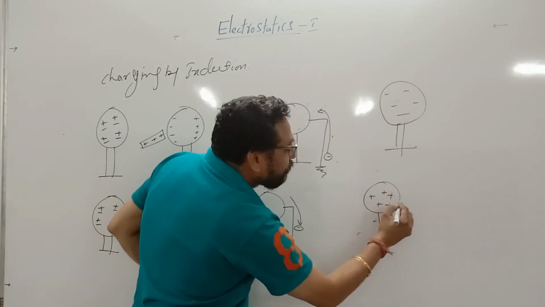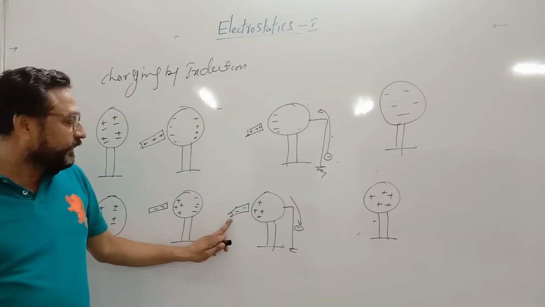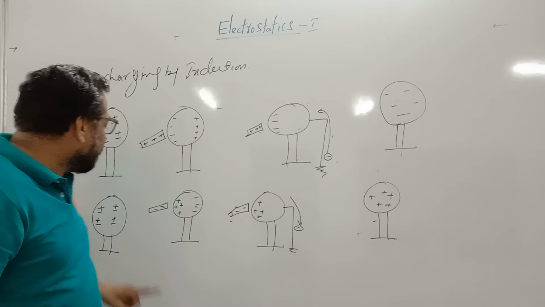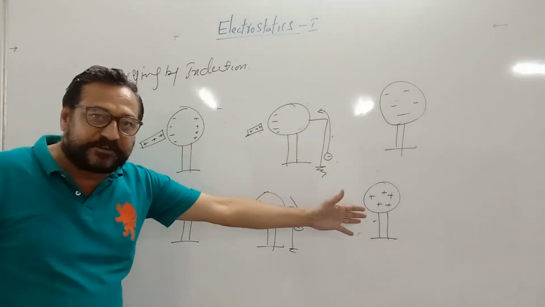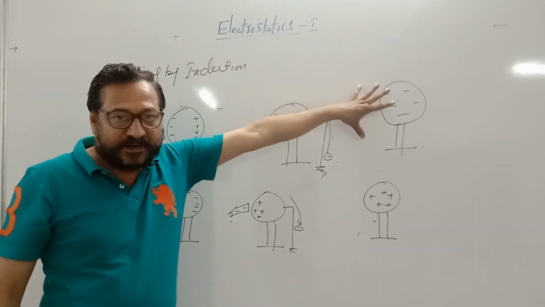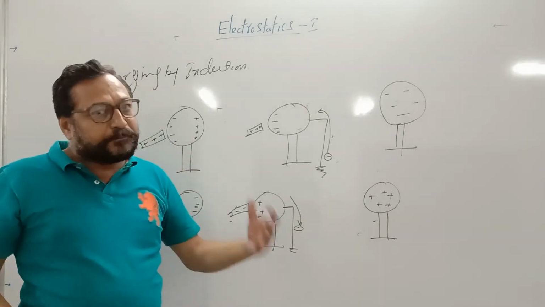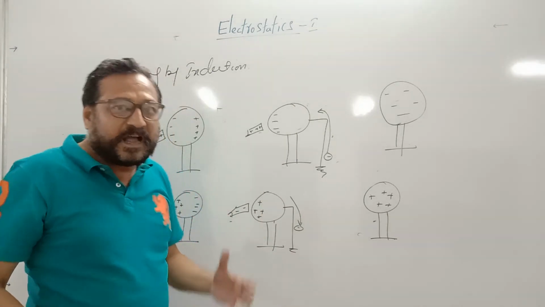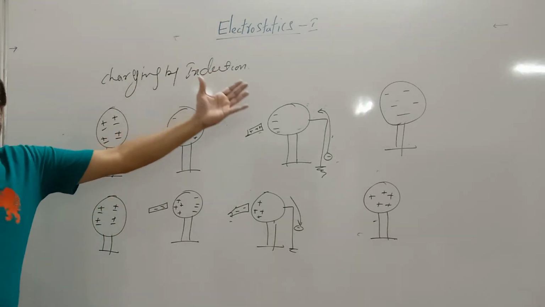The whole body is positively charged when we remove this negative rod. Again, when a negative rod comes towards the neutral body, that body is positively charged. When we bring the positive one, it is negatively charged. It means by the phenomenon of induction, opposite charges are always produced, and this is the process of charging by induction.